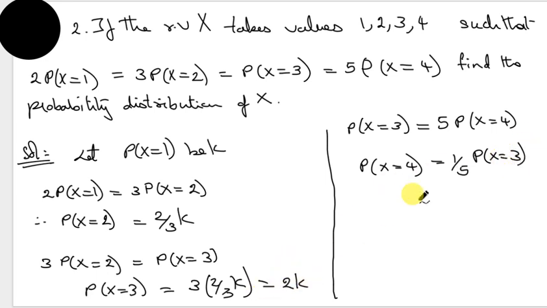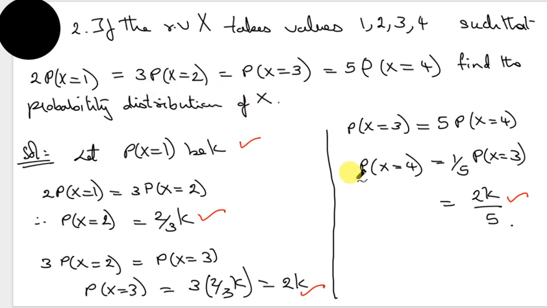But P of x equal to 3 is 2k, therefore it is 2k divided by 5. Now if we clearly watch, we have got the x equal to 1, x equal to 2, x equal to 3, as well as x equal to 4 values. So we may proceed with writing the table.